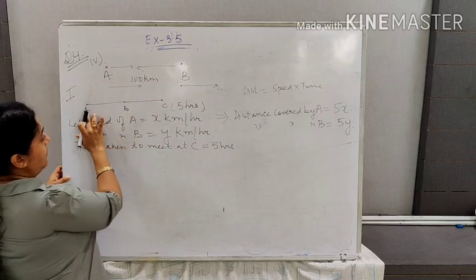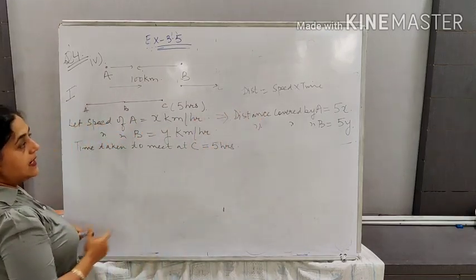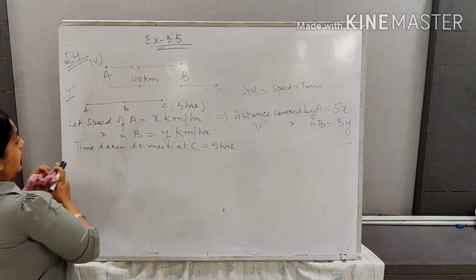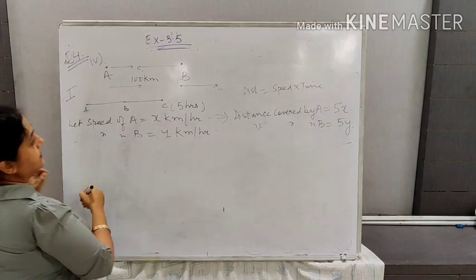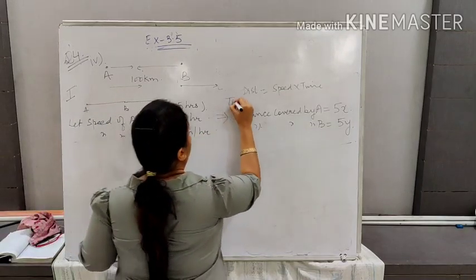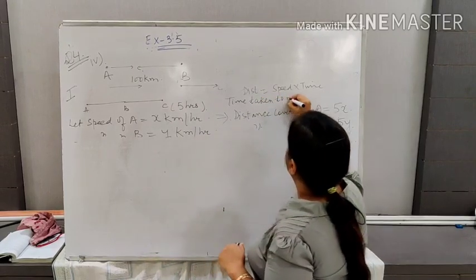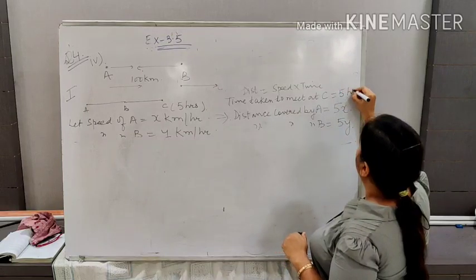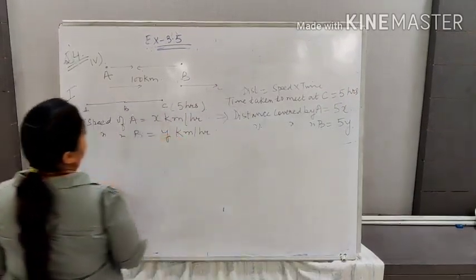Distance covered by A was his speed into time, that is 5x, and similarly the distance covered by B is 5y. Let me write time taken to meet at C on the top of it: time to meet at C is 5 hours. That is why this becomes 5x and this becomes 5y.